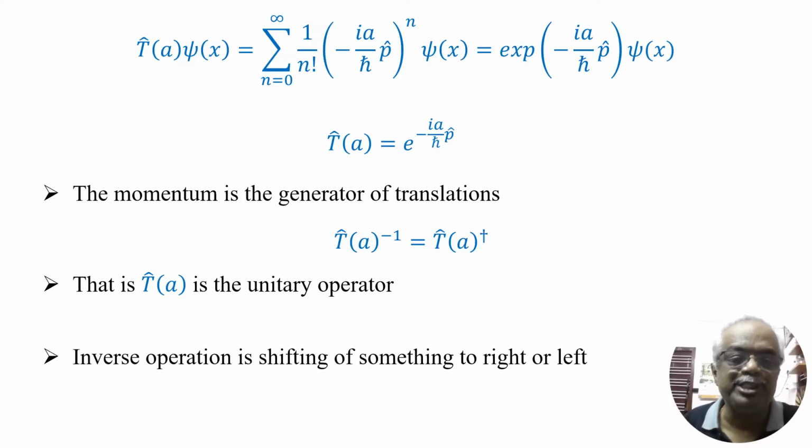If you look into the summation term carefully, this is nothing but the exponential of minus i a over h cross p hat. So now your translational operator T is nothing but this exponential of minus i a over h cross p hat. Here the momentum is the generator of translation.